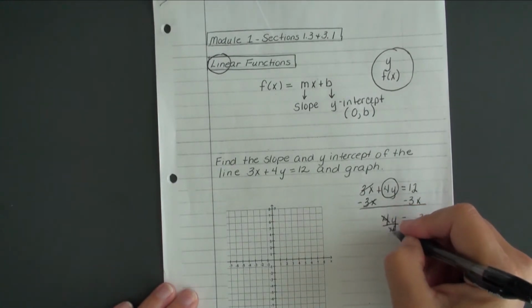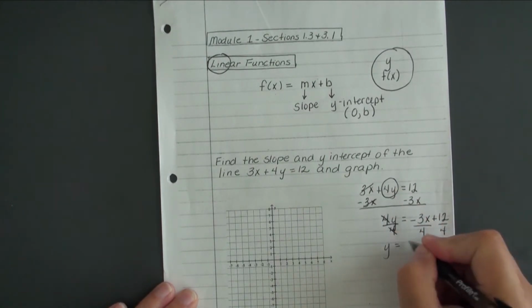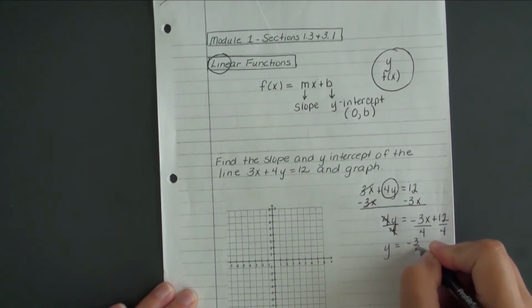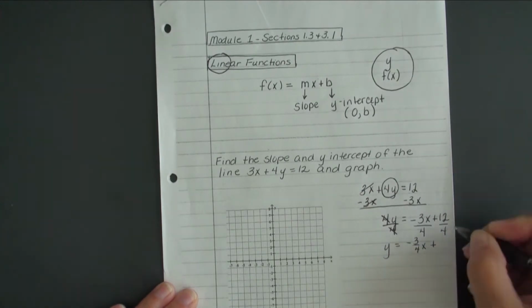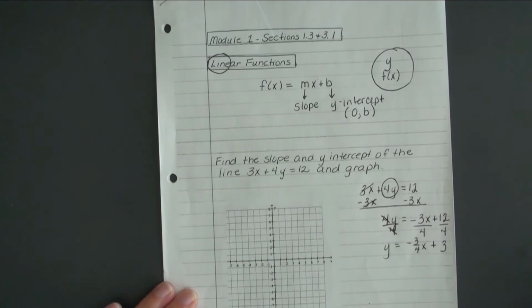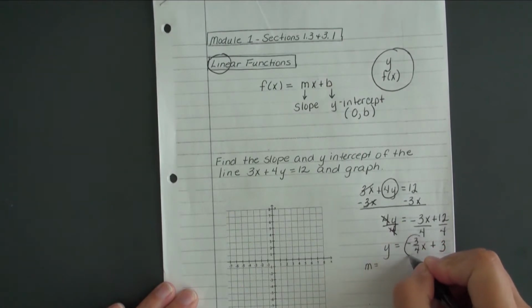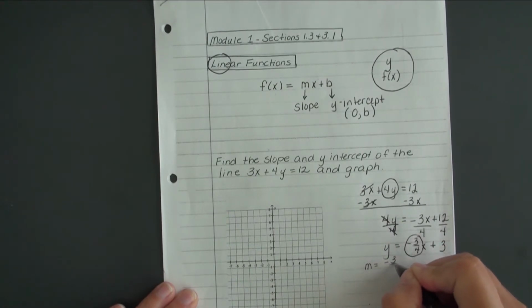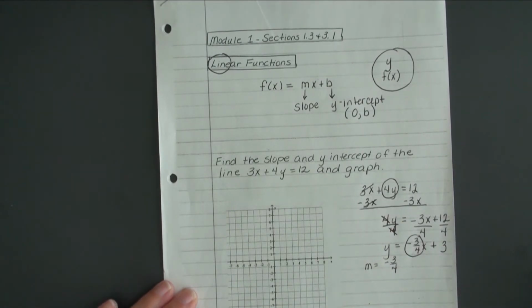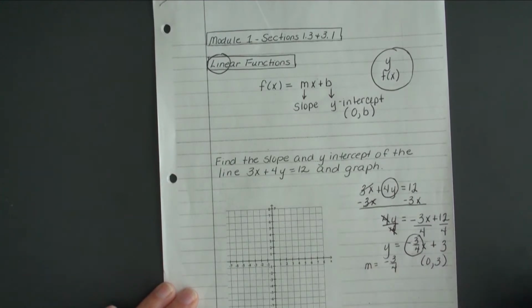When I do that, I get y equals negative 3/4 x plus 12 divided by 4 is 3. So my slope is negative 3/4. It's the coefficient of the x term. And my y-intercept is the point 0, 3.